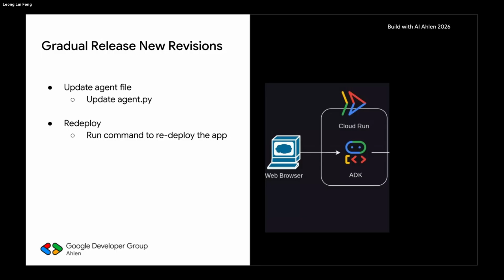The first thing is, in this example, I will update my agent file. Let's say there's some new requirement. From the observation, it's noticed that instead of asking the AI agent about the weather, people are just asking random questions, and the agent starts replying, right?